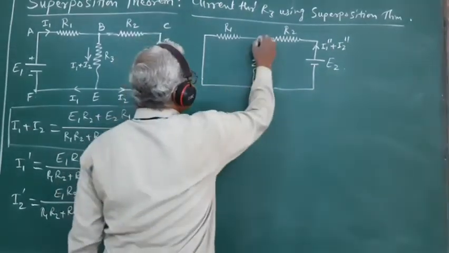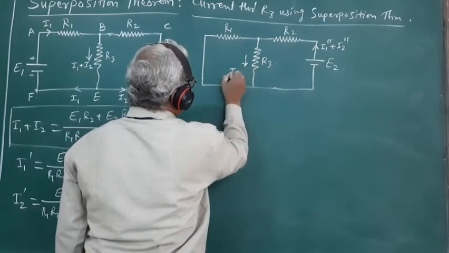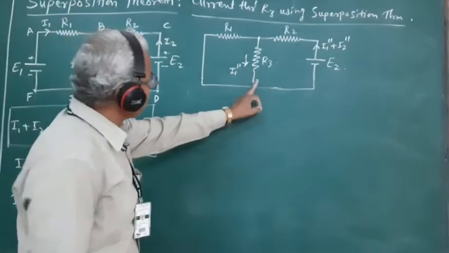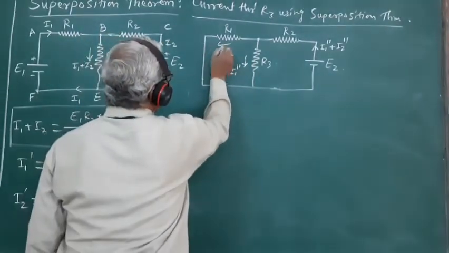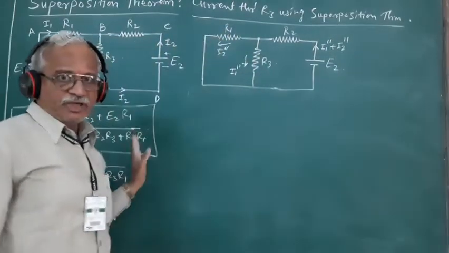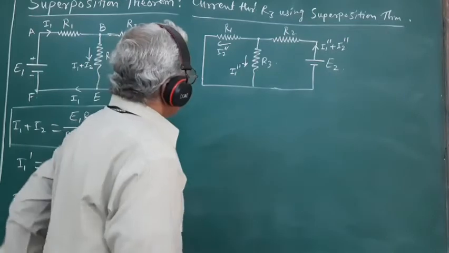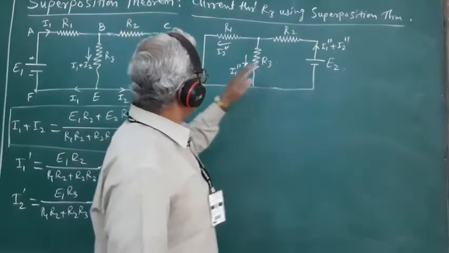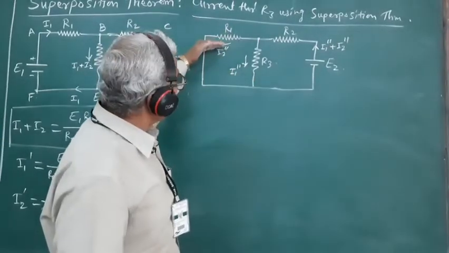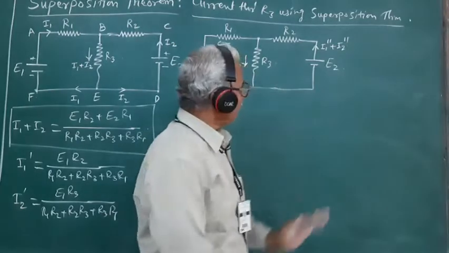At this junction, the part I1 double prime flows through R3, and the part I2 double prime flows through R1. So here we can obtain the expressions for I1 double prime, I2 double prime, and I1 double prime plus I2 double prime.